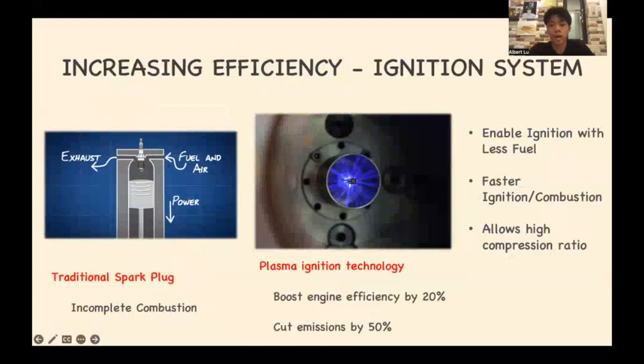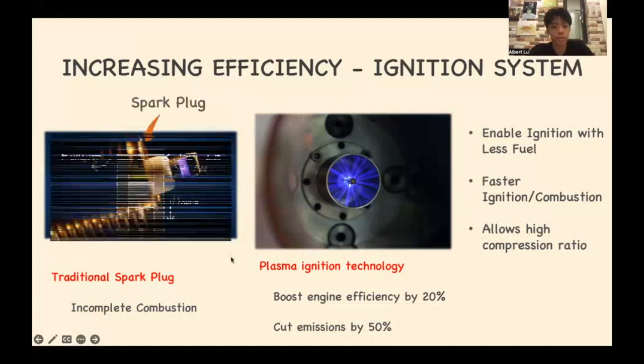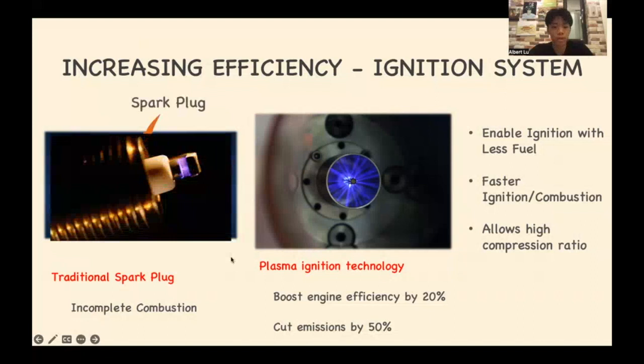And secondly, I'm going to introduce the ignition system, and in particular plasma ignition technology, and compare it to the traditional spark plug. On the left, we can see the traditional spark plug with a single heat spot that usually causes the problem of incomplete combustion.